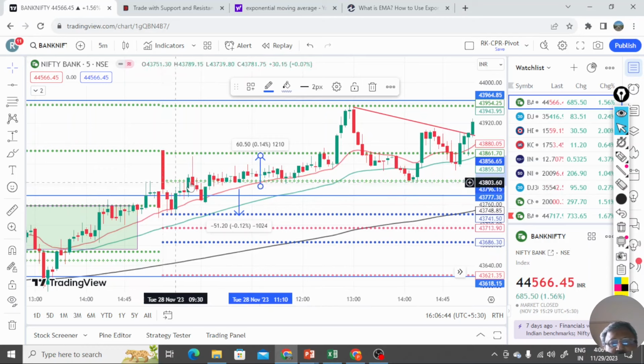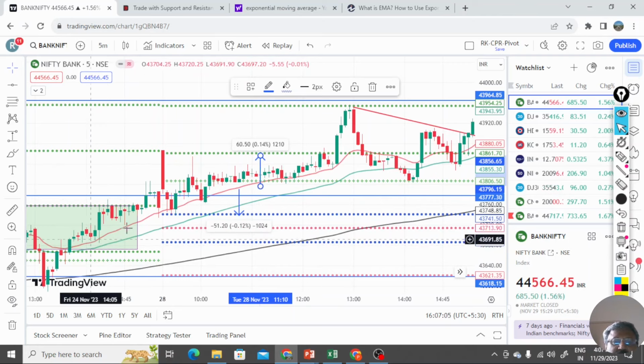See, it did not even touch the trailing stop loss. If I had brought up my trailing stop loss to my purchase cost, below this point, it has not hit the stop loss. So if you look at this chart in the trending market, this EMA strategy works so well.